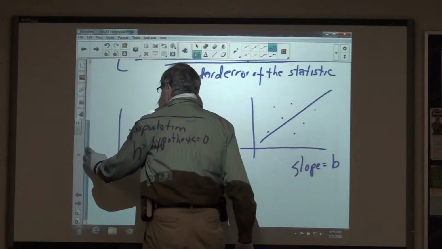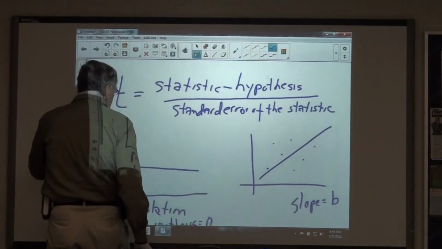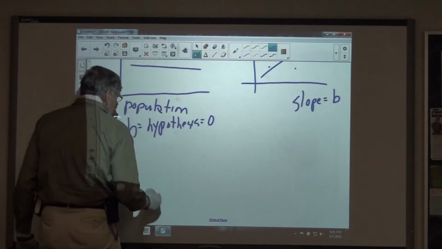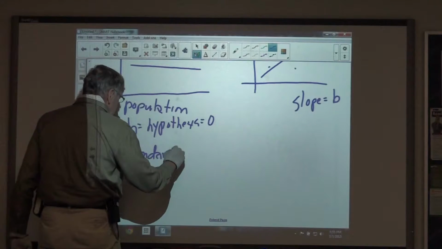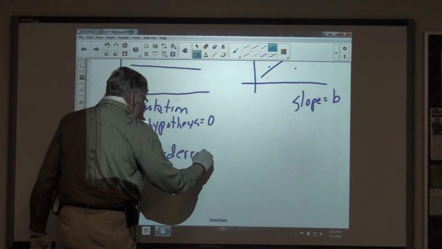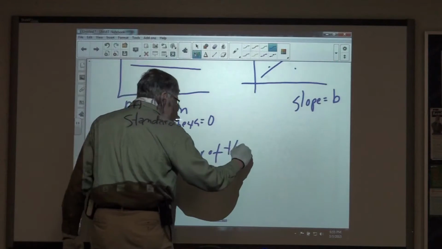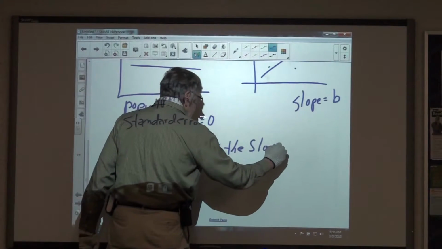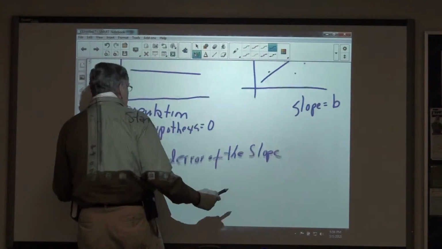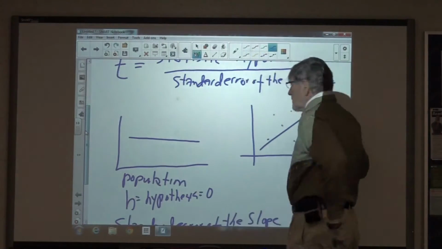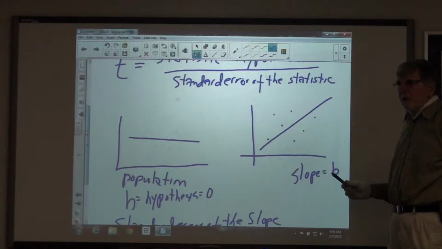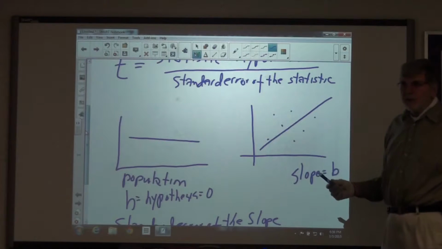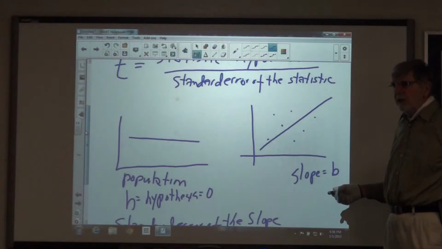So we want to find the standard error of the slope, because from one sample you're only going to get one slope. But if you take a large number of samples, you're going to get a large number of slopes, agreed? That's going to be a normal distribution, and it's going to have some standard error.